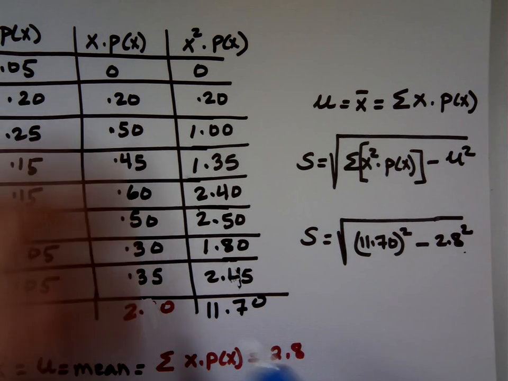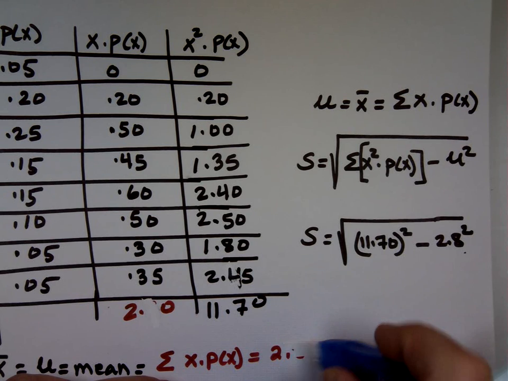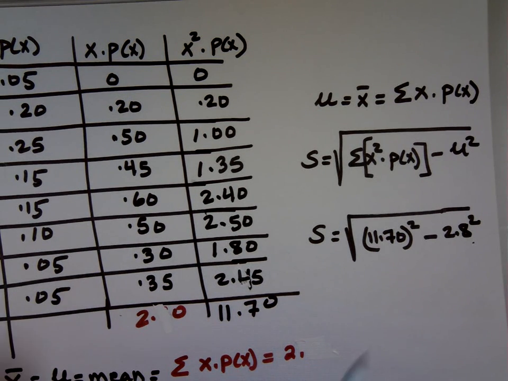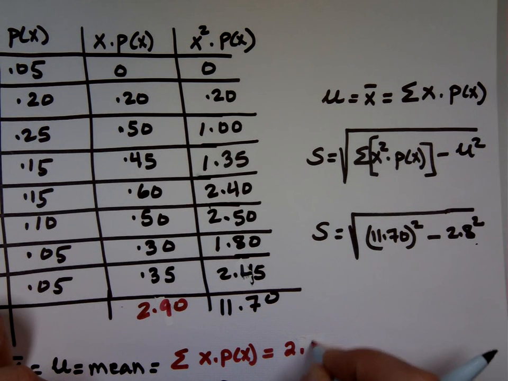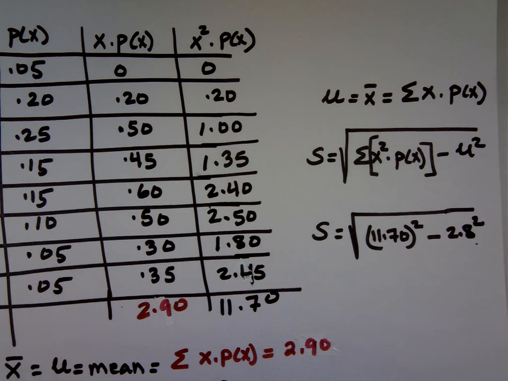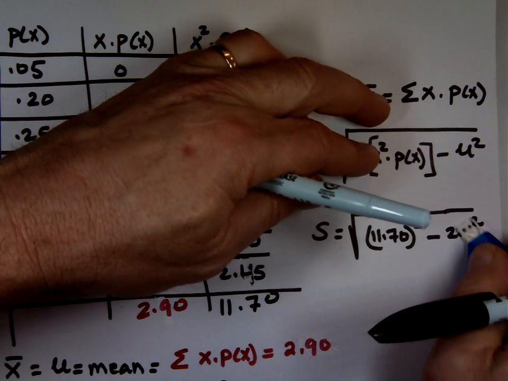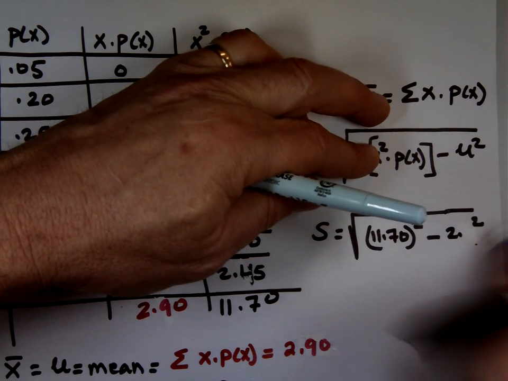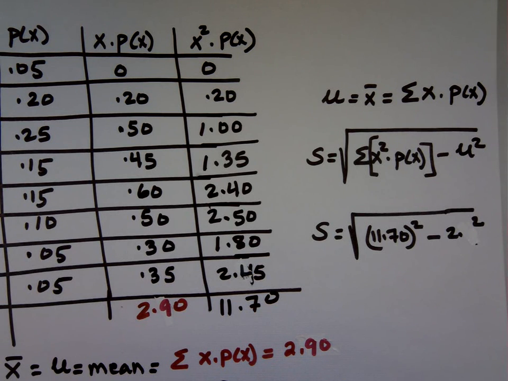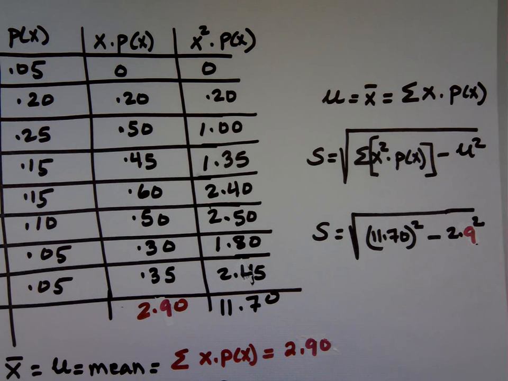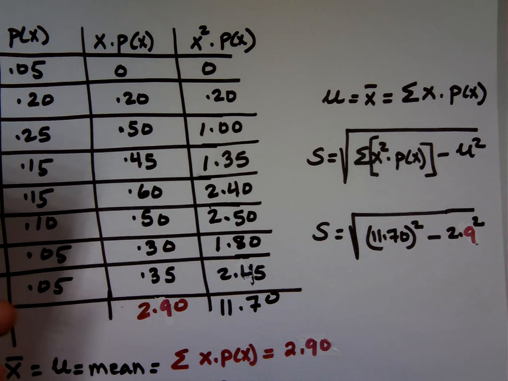Could be. So that becomes 2.9 then here, right? Thank goodness for whiteout. That's a 2.90, not 2.80. I tend to believe you more than me.